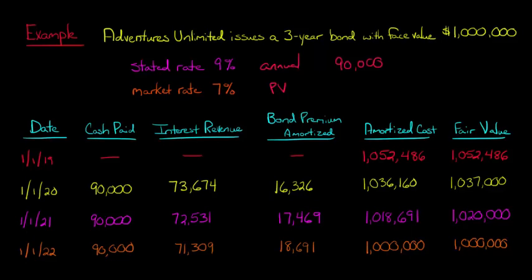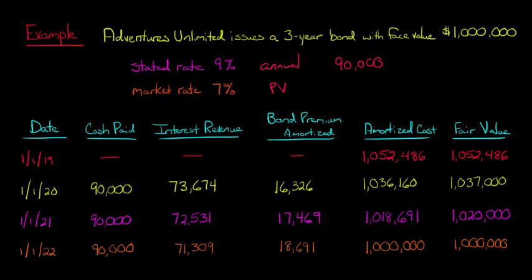Just a quick recap: the market rate of interest is 7% when we issue the bonds, but our bonds actually pay interest of 9%. Because we're paying 2% higher than the market rate, our bonds are going to be issued at a premium. People will actually pay more than the face value of $1 million to get those bonds.